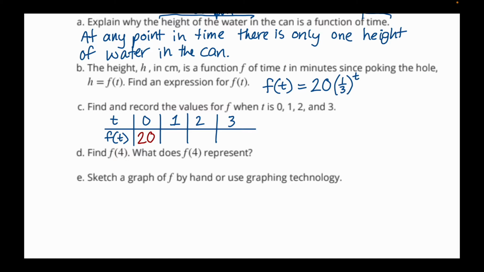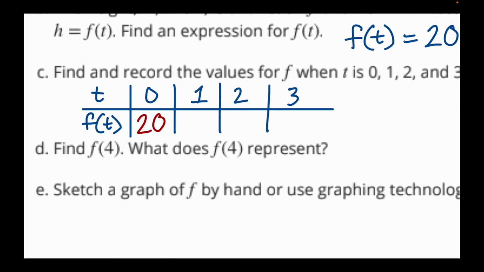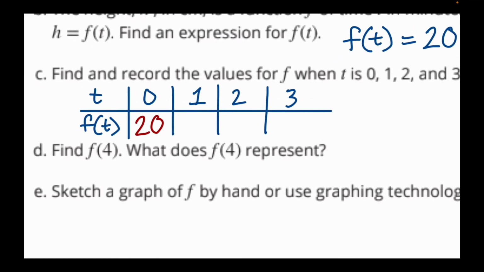And then as we go, we are multiplying that by our growth factor each time. So it turns out that 20, when I multiply it by 1/3, has the same effect as dividing by 3, but it's also not going to give us whole numbers. So you can give a decimal approximation of this, but I am going to use improper fractions. I think that they're just the most accurate.